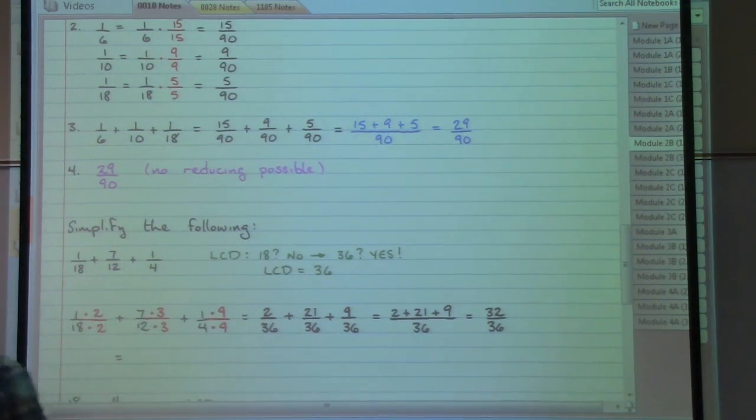Well, 32 on top, 36 on the bottom. I'm looking for something that'll go into both of those. 2 will work. 4 will also work, and it turns out that that's as big as I can go.